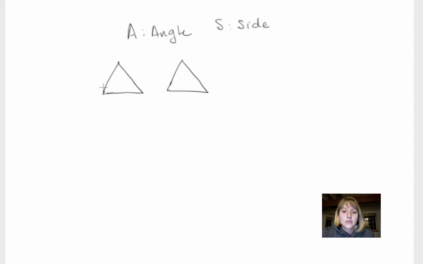When you have two triangles and you're trying to prove that they're congruent, we've got our ABC and DEF. If we have the information that A and D are congruent and that B and E are congruent, and we know that these two sides, AB and DE, are also congruent, then by angle, side, angle, we know that those two are congruent.